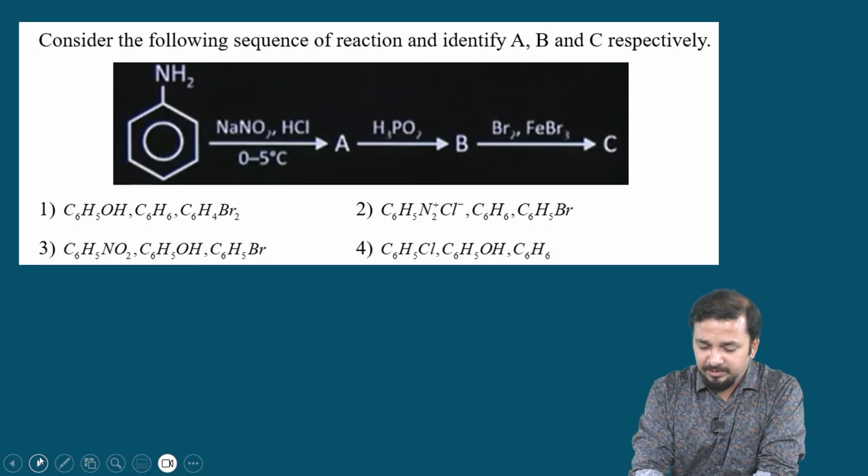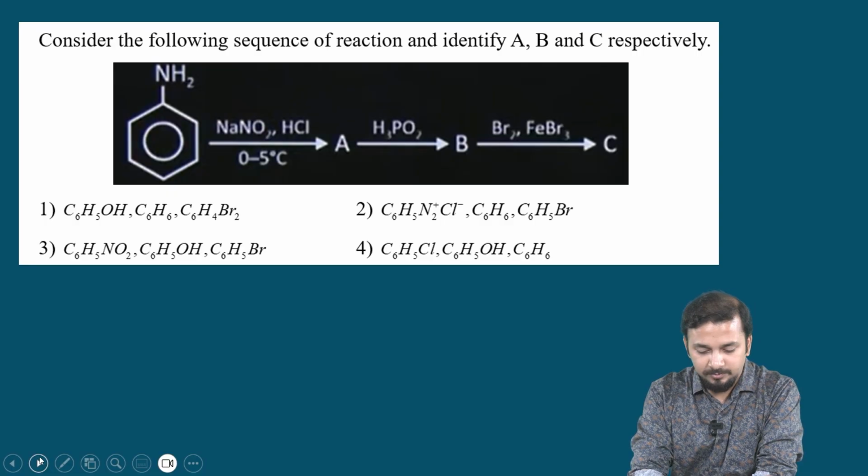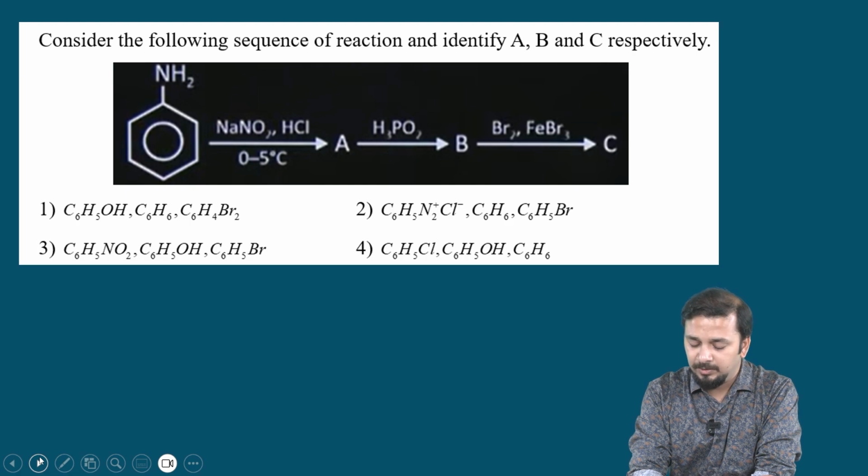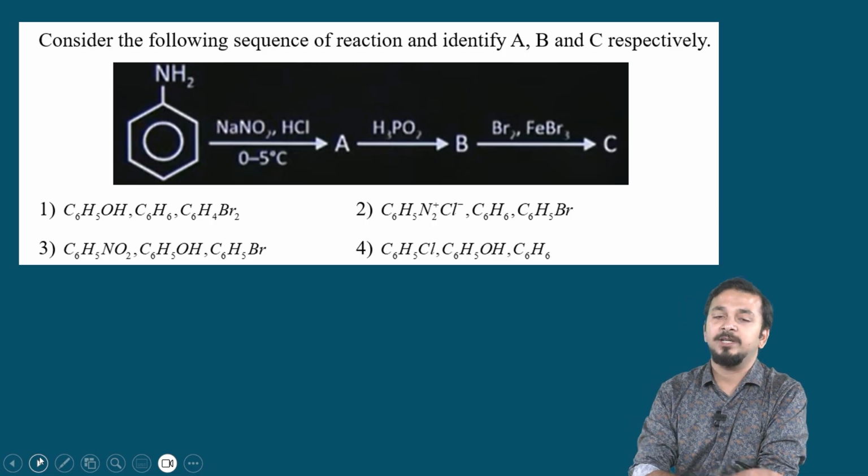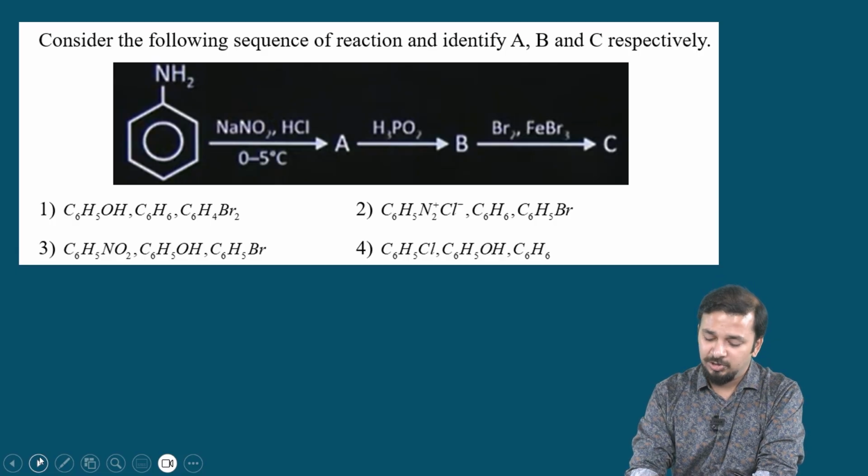Next question is, consider the following sequence of reactions and identify A, B and C respectively. They have given aniline. It is treated with NaNO2, HCl at 0 to 5 degrees centigrade. Then it is treated with H3PO2 and then it is treated with Br2 and FeBr3. So the first reaction is our diazotization reaction.